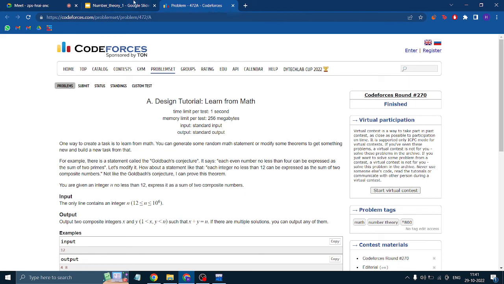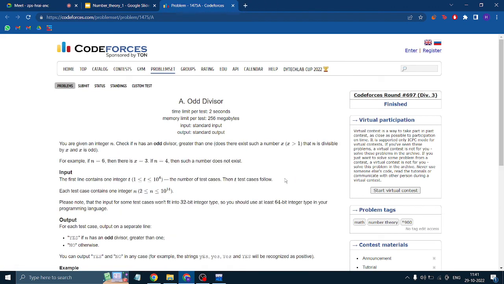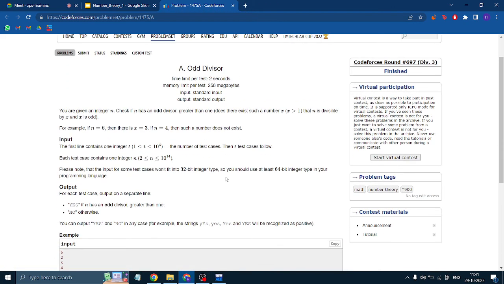So let's have a look at the next problem. Have a look at this problem and tell me if any of you has any approach.